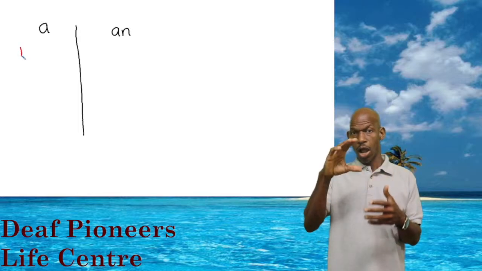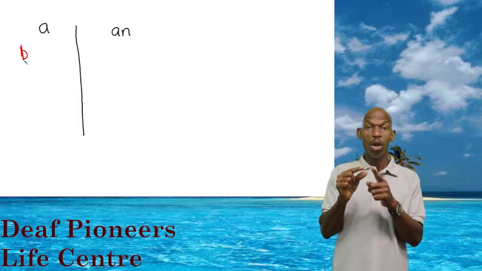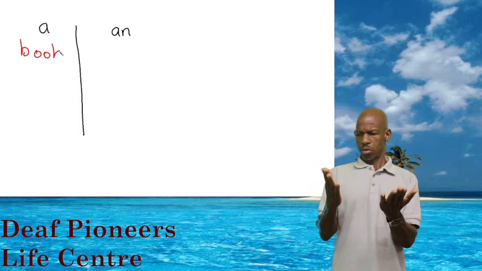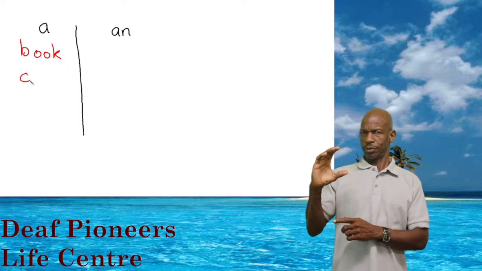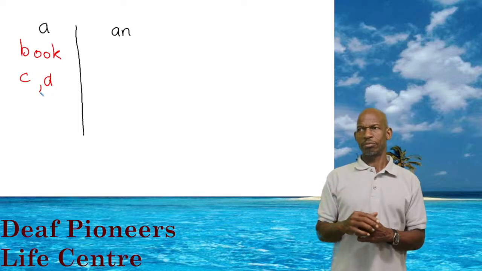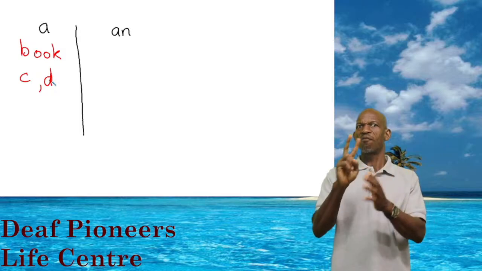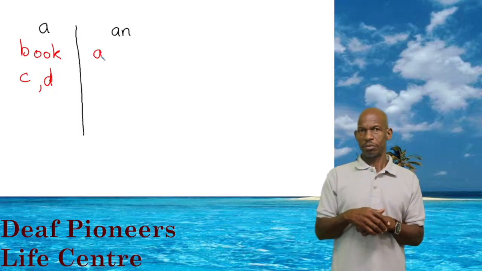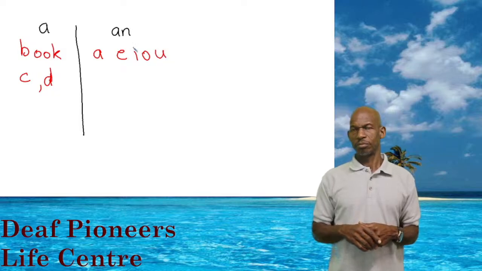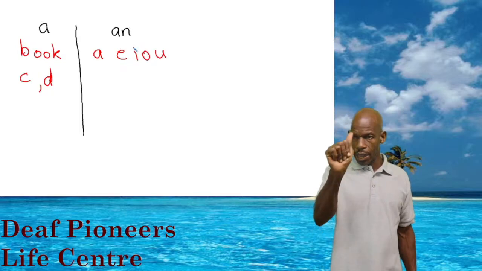So we start with B. Anytime a word begins with B, like in book, C, D, and I just write into the book. All right, not E, because E is a vowel. The an is where we have the vowels A, E, I, O, and U. Anytime the word begins with these vowels, you use an.